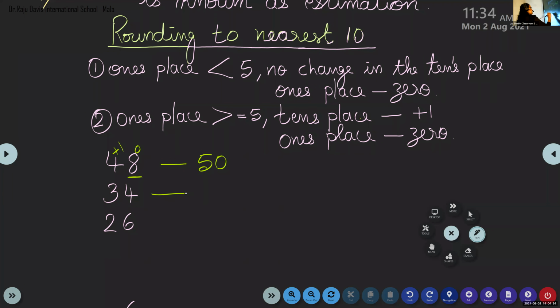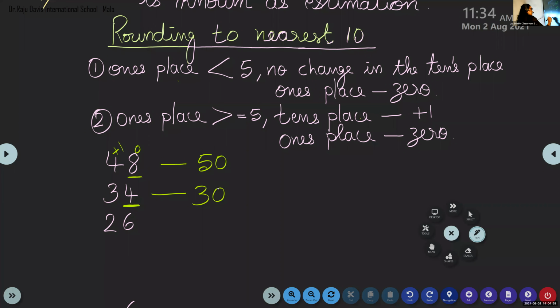Second one, underline the ones place. Now here 4 is lesser than 5. So you have to follow the first rule. 4 is less than 5, so no change in the tens place. Don't make any changes over there. Ones place will be 0.